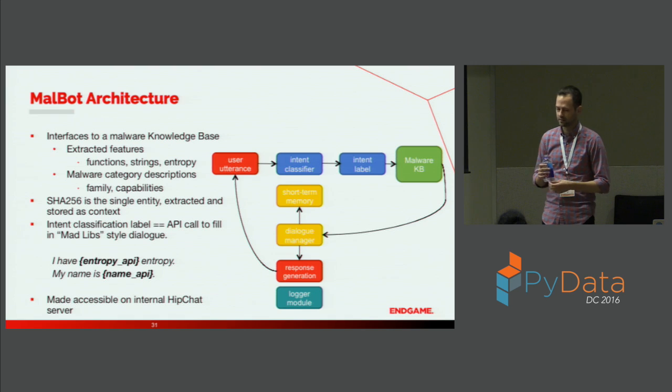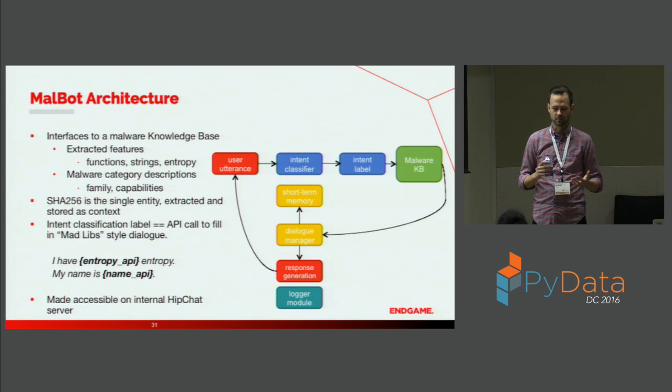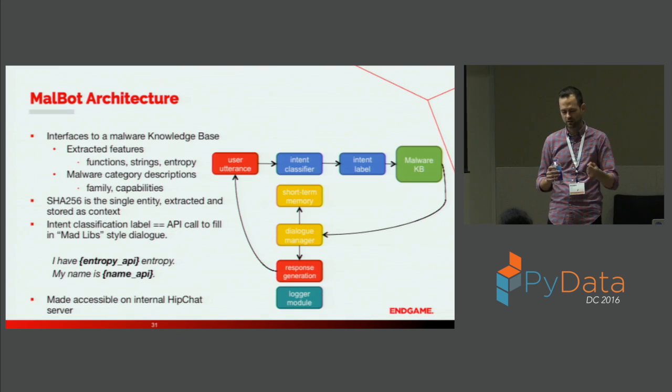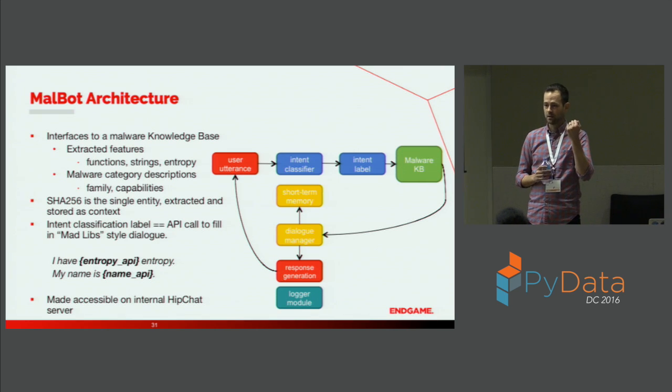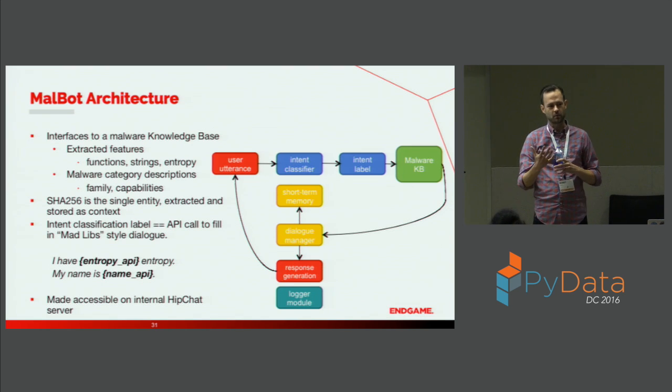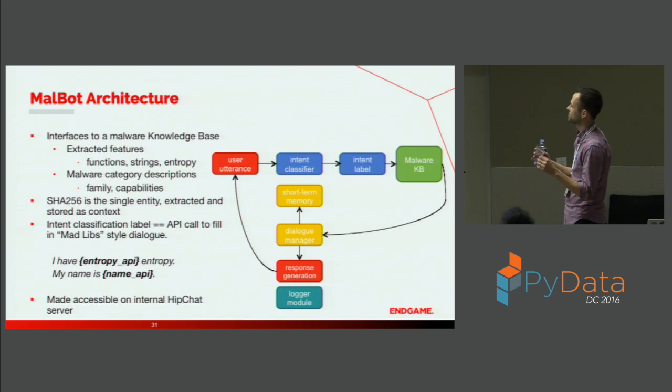So the first thing he does is each time you enter in a statement, he is looking for a SHA-256. That is my one entity that I'm looking for, which is lucky because creating regex to find SHA-256 is super straightforward. If he finds a SHA-256, he then loads everything from our malware knowledge base on that sample into memory, and then you can begin querying him or interrogating him.